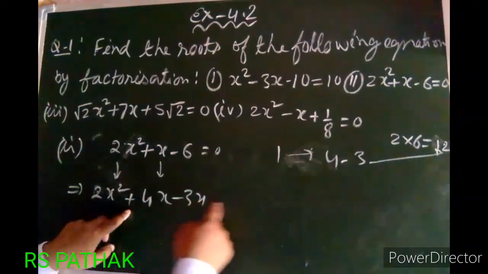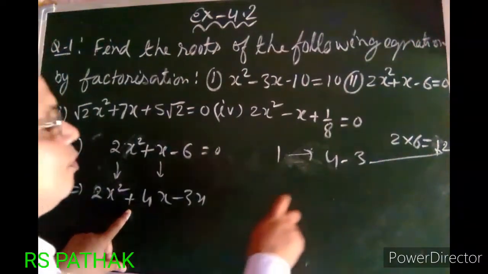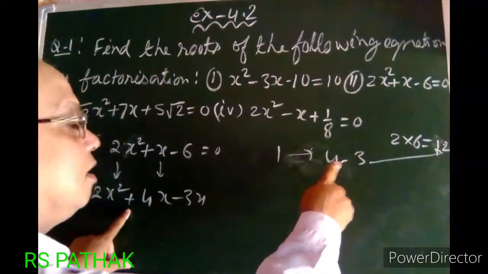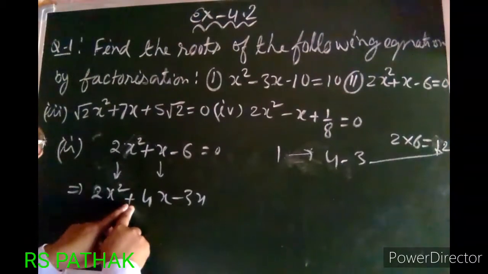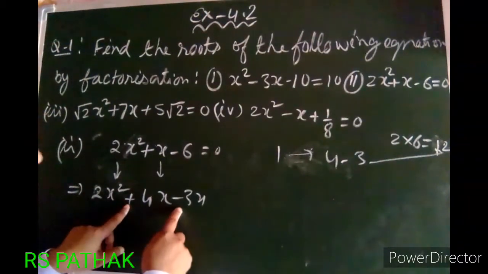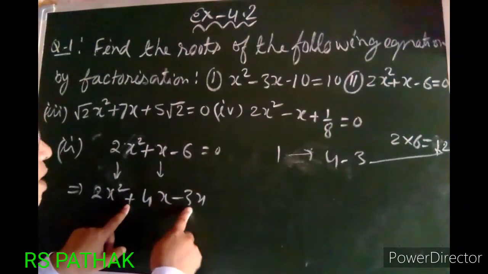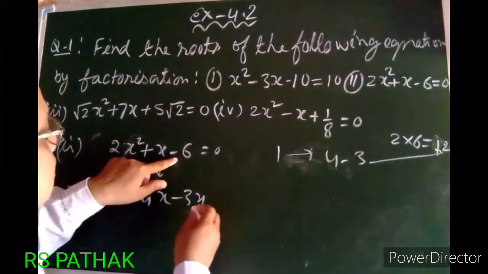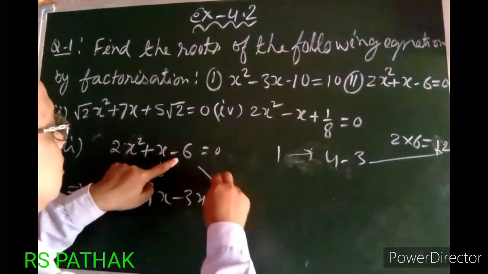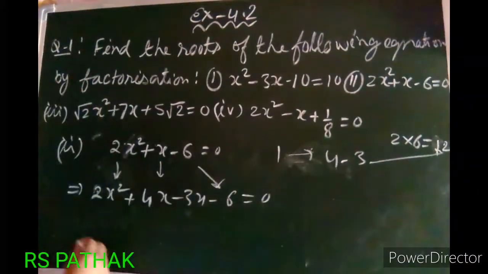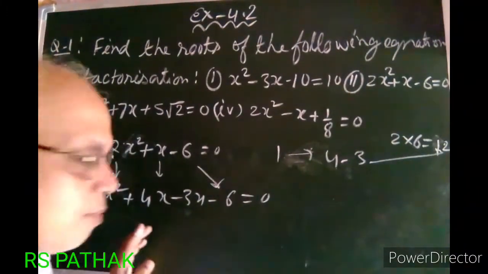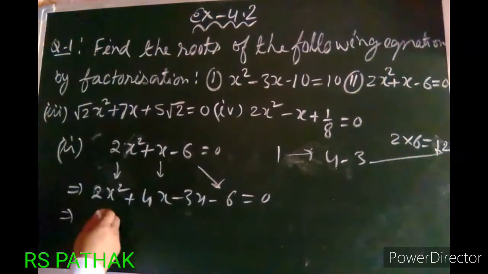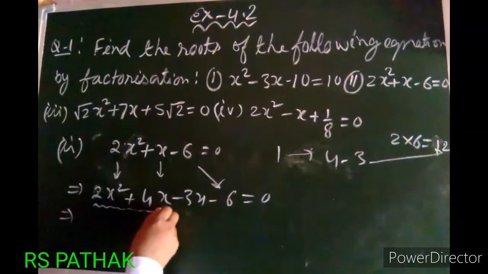This is a plus sign, therefore there will be no change in sign. If there is a negative sign, then there will be a change: plus will be minus, minus will be plus. But for plus, there is no change. And the minus 6 will remain same, equals 0. Now I have made the two groups, this group and this group.